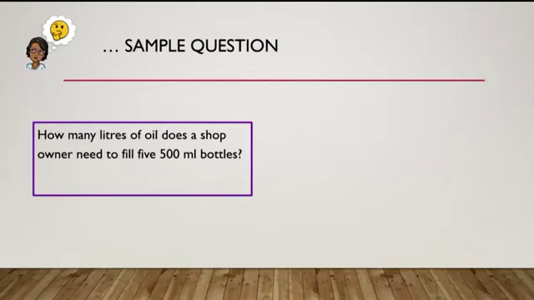How much oil would he need in all? That's the question. Is that your understanding? Good. Again, you have to remember that 1 liter is 1,000 milliliters. You might not get this information on the exam paper near the question, so you will have to remember. Milli means 1,000th of.